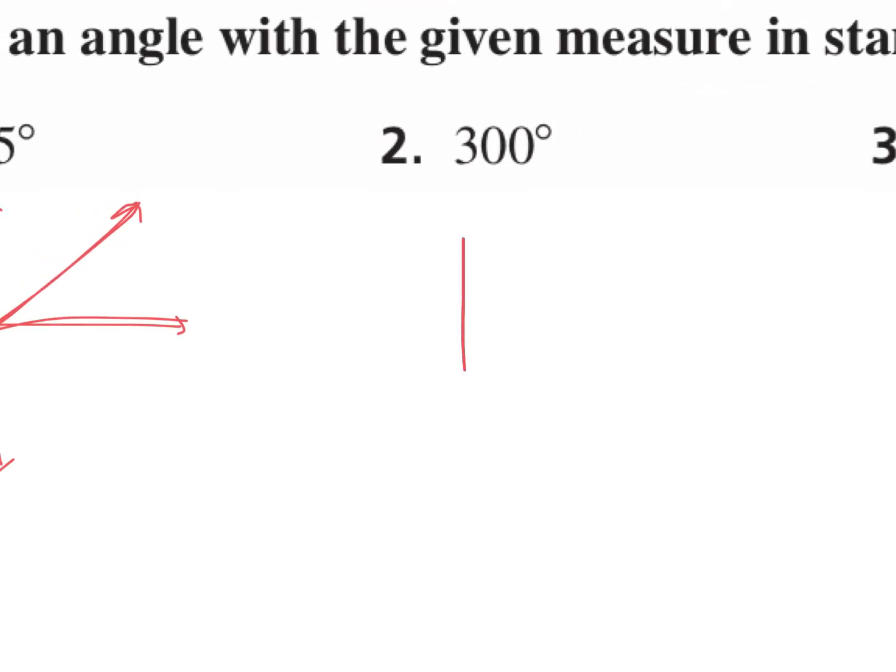Next, we have 300 degrees. Where would our 300 degree angle be? Bottom right. So we're going to go all the way around. All the way would be 360, so we're just stopping a little bit short of 360, and put our angle there.